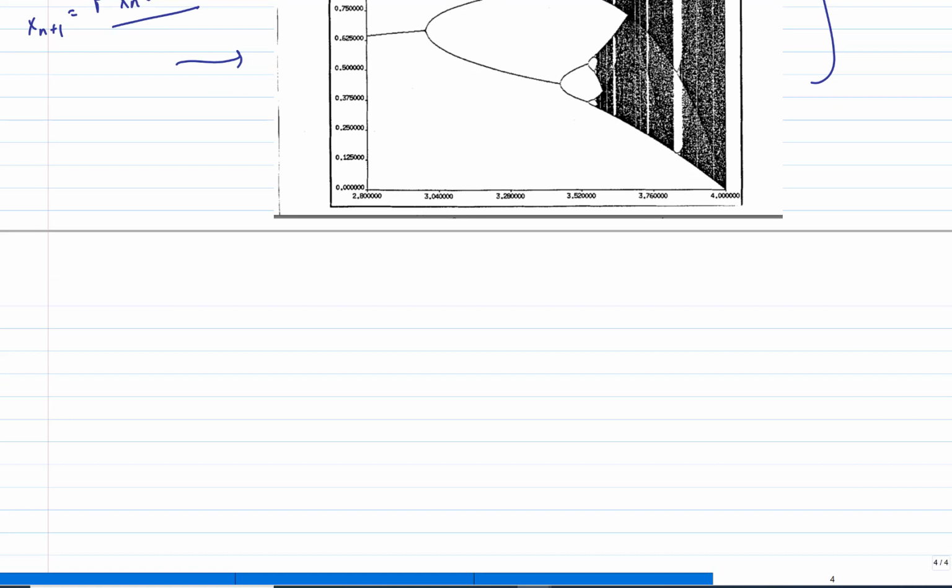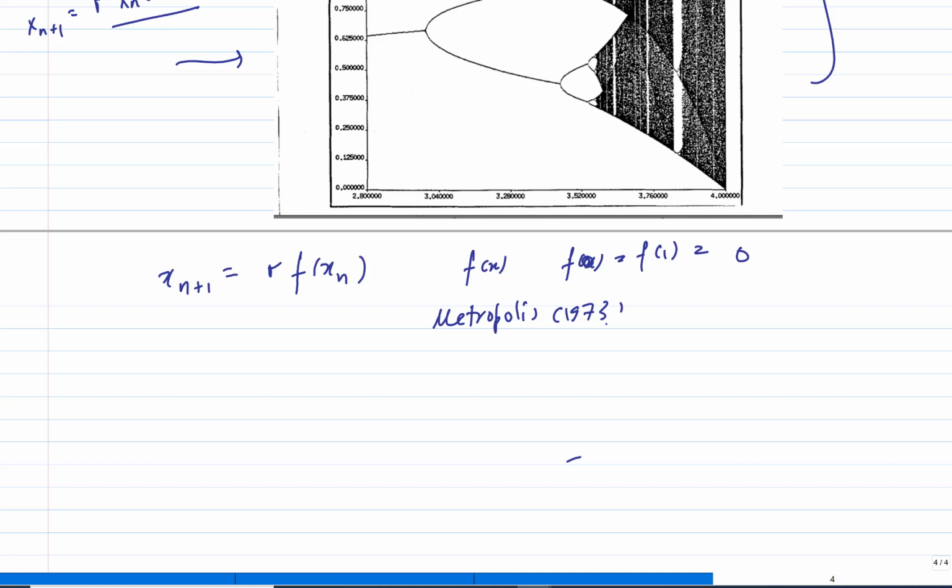So the theorem goes as follows. Consider all unimodal maps where f(x) satisfies f(0) equals f(1) equals 0. This result is due to Metropolis and authors in 1973.